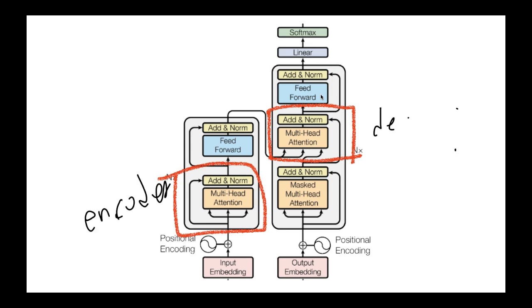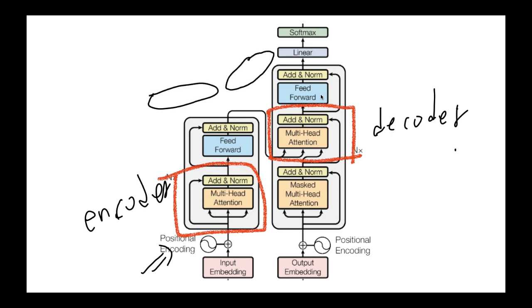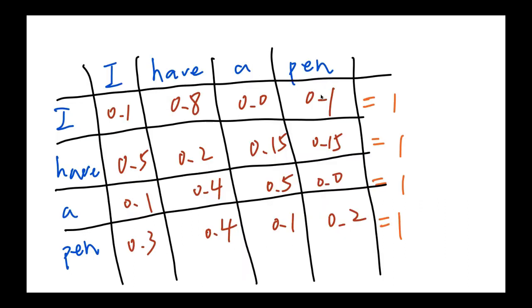Another is decoder self-attention. But basically they are very similar. It's to use yourself, which is, in the encoder self-attention, your input sequence as key, at the same time as value, and also as query.